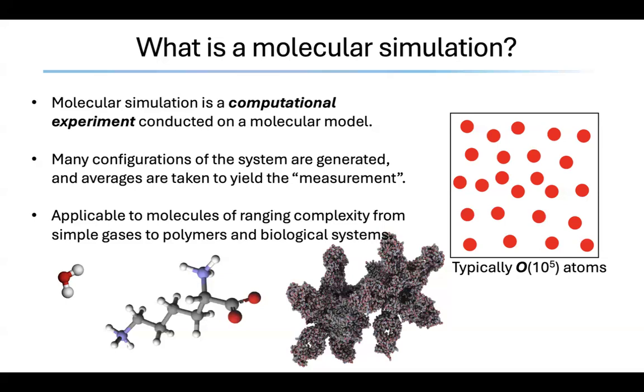What's important to know is that we typically use something like 1,000 or 10,000, or sometimes even a million atoms to represent a system. This turns out to be quite sufficient, and it can give you accurate estimates of the properties that you're looking for.